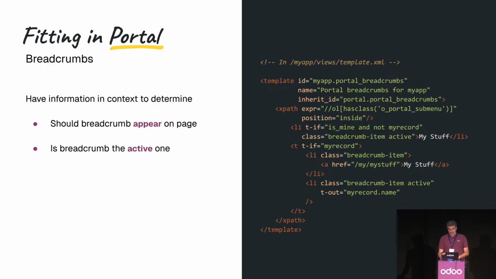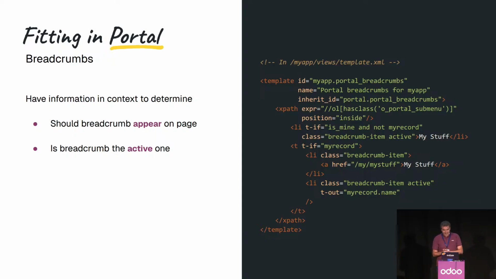The breadcrumbs, you do them by inheriting portal.portal breadcrumbs. Beware that the template is common across all portal pages, so you must make sure not to pollute the portal pages of other modules.